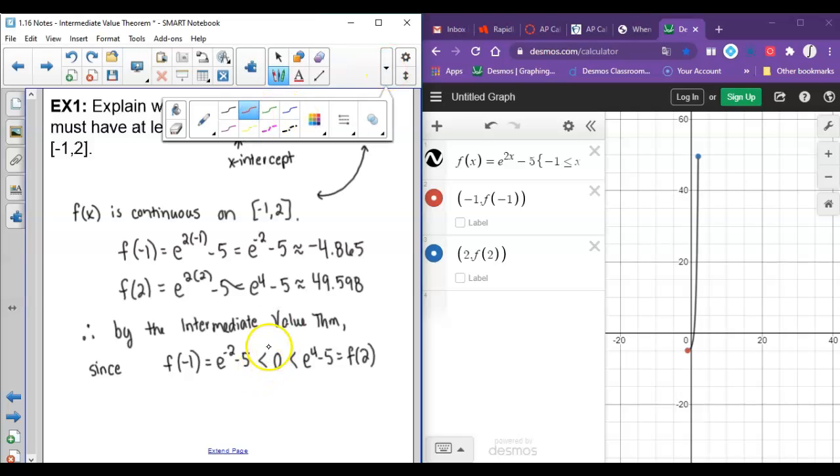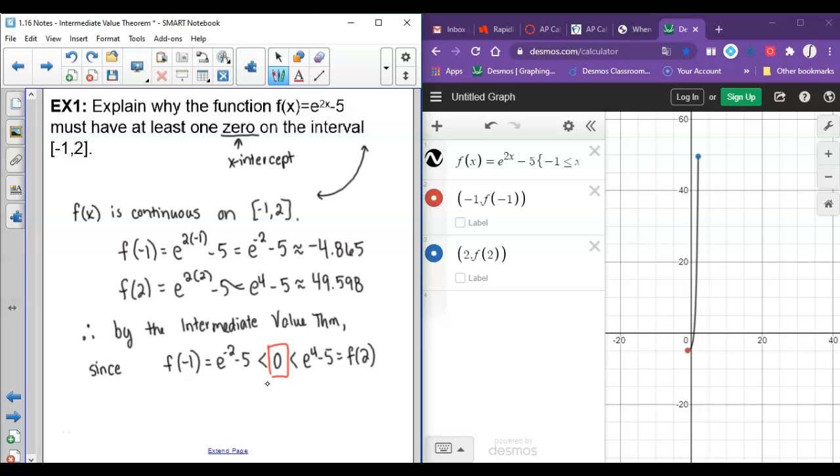We're wanting to see here that this 0 falls between f of negative 1 and f of 2. It's not entirely necessary to write this part out, where I've got that e to the negative 2 minus 5 and the e to the fourth minus 5, as long as you have those values stated somewhere else, but I kind of like to put them here just to help.